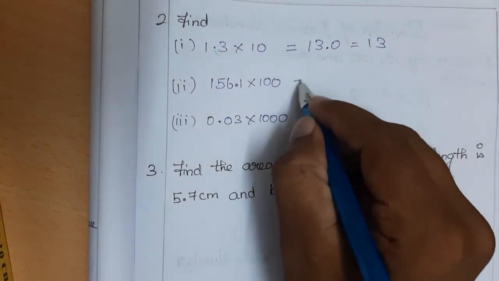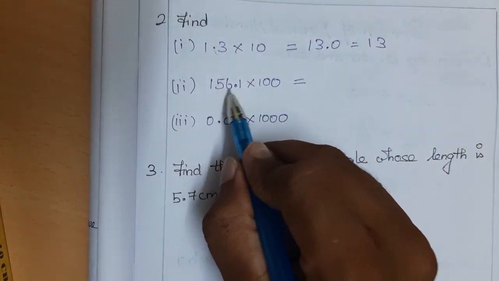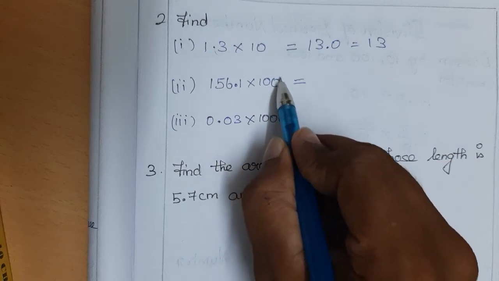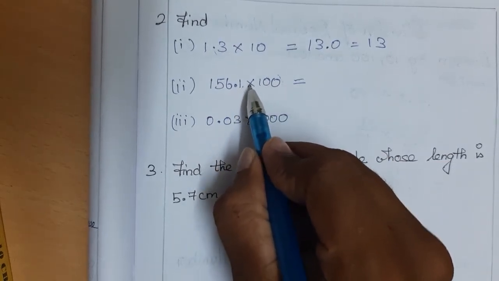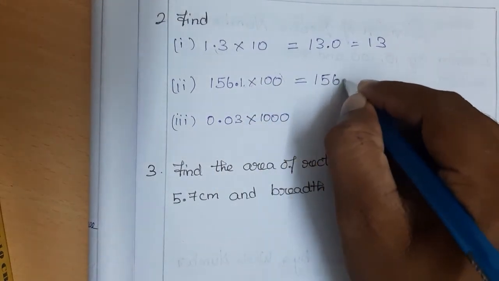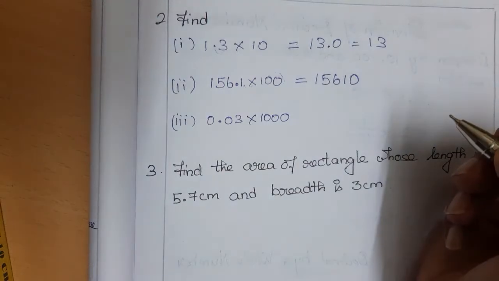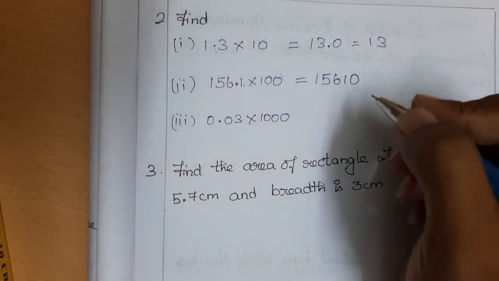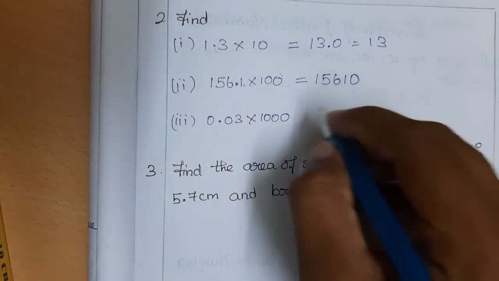Here it is 156.1 into 100. 2 zeros, so just move towards the right 2 places, and only one digit is there, and there is no other digit, so we add a 0, and it will become 15610, right? So 15,610.